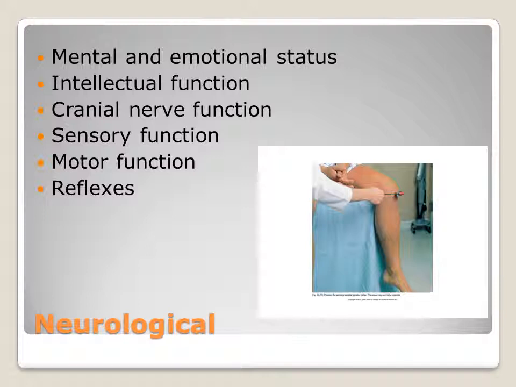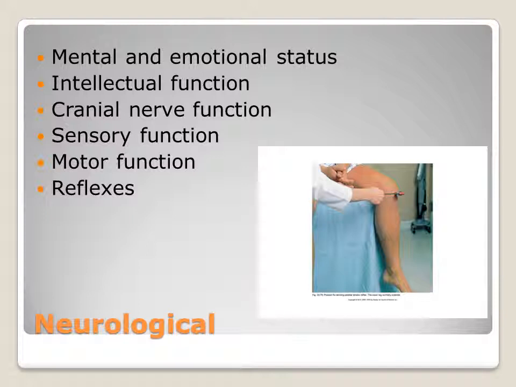Intellectual function, memory, long-term and short-term. You can do cranial nerve function. That's on table 3038 in your book. Check sensory function, numbness, tingling, sensations that are felt symmetrically. Motor function, coordination, and reflexes.